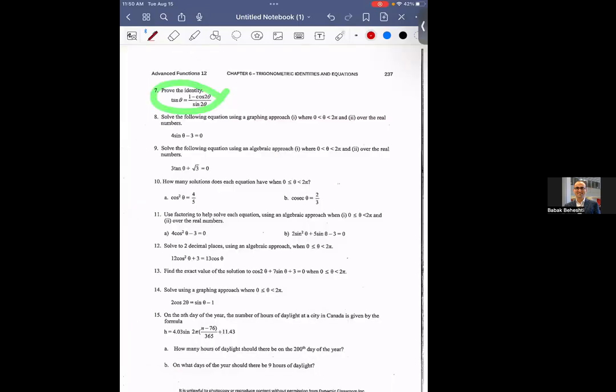Another type of question that one can ask is solving quadratic equations, for example questions 10 and 11, or even 8 and 9.